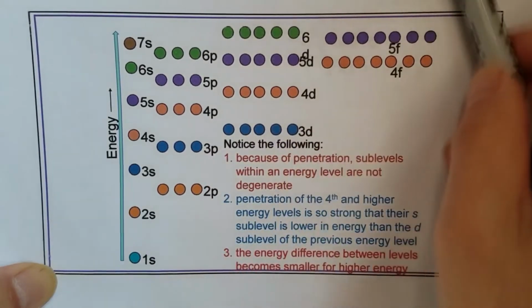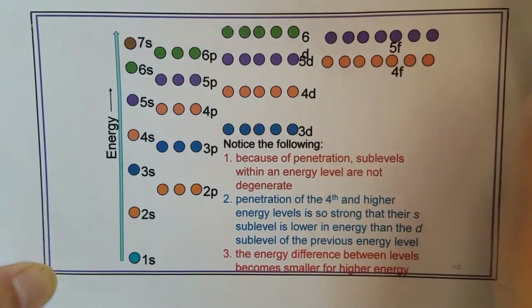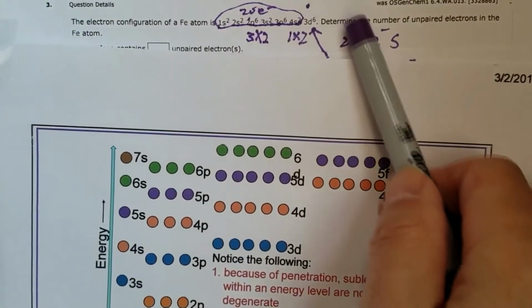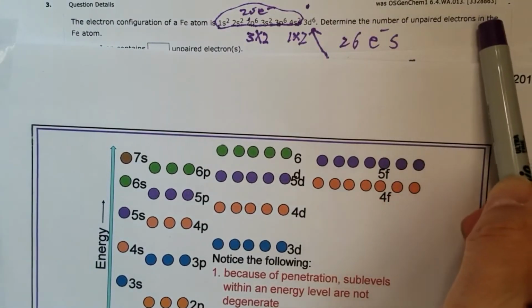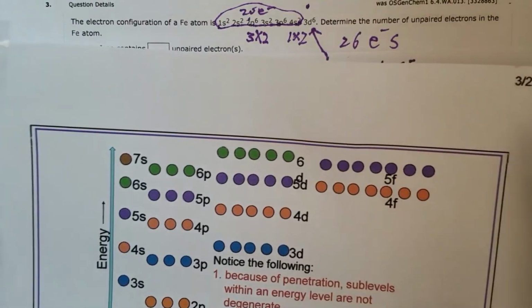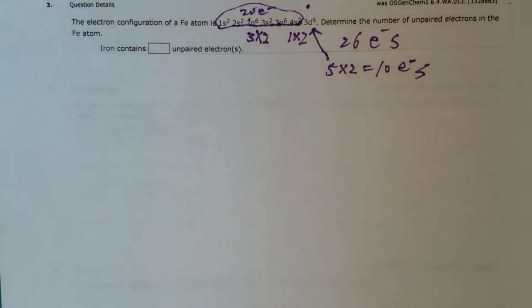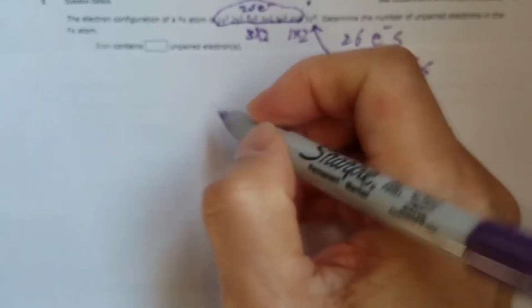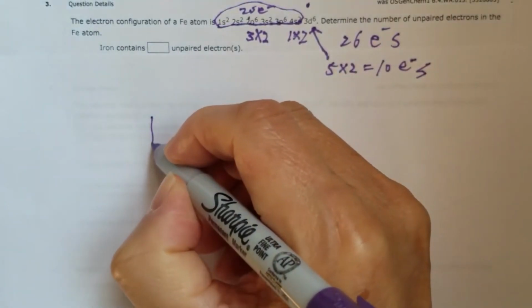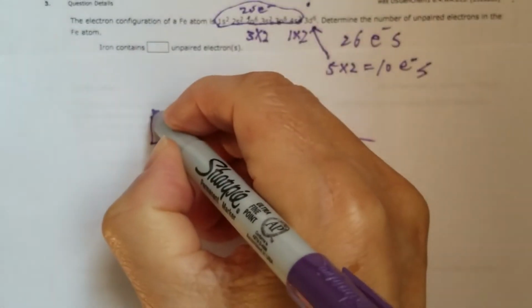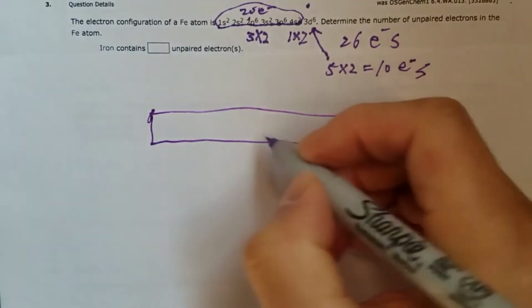Once we have done that, we should be able to tell how many unpaired electrons there are. That's the strategy. Now, we just mentioned there should be 5 3d orbitals.